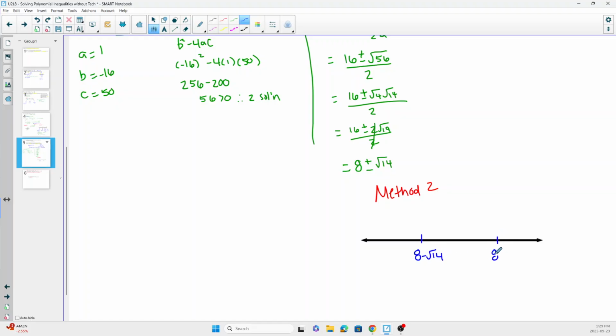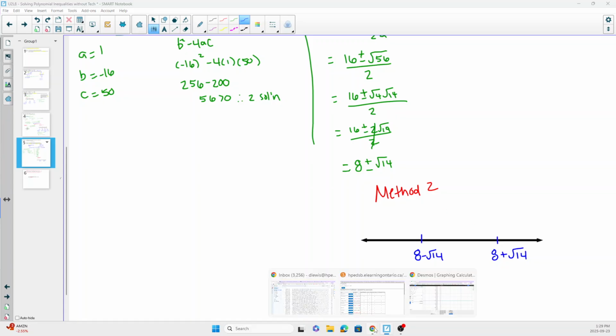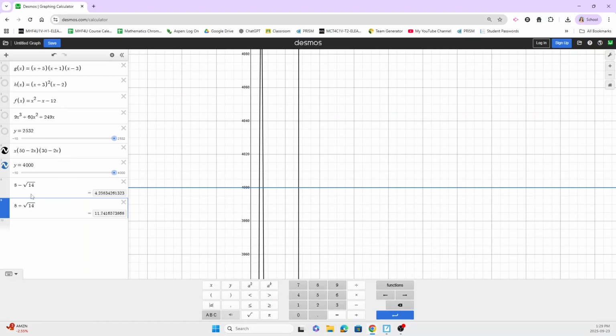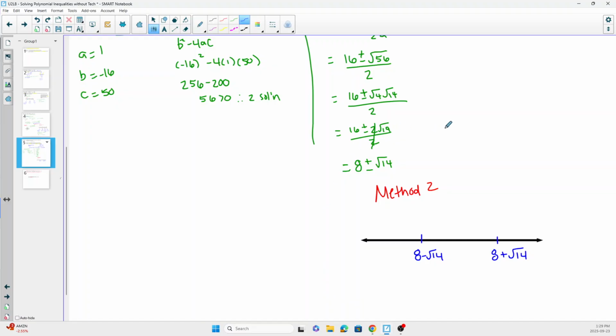I did throw these into Desmos already. So 8 minus the square root of 14 is 4.3, and 8 plus the square root of 14 is 11.7. So we're really dealing with a roughly 4.3 and roughly 11.7.